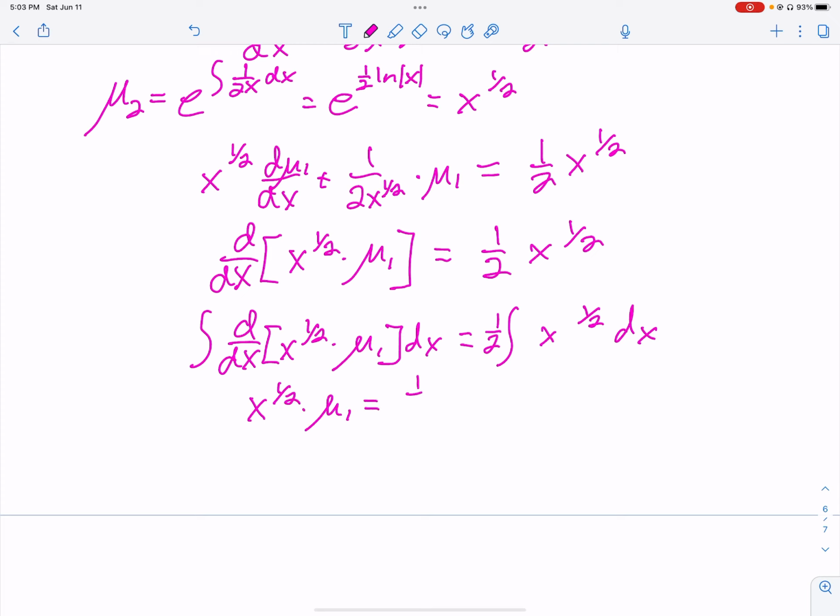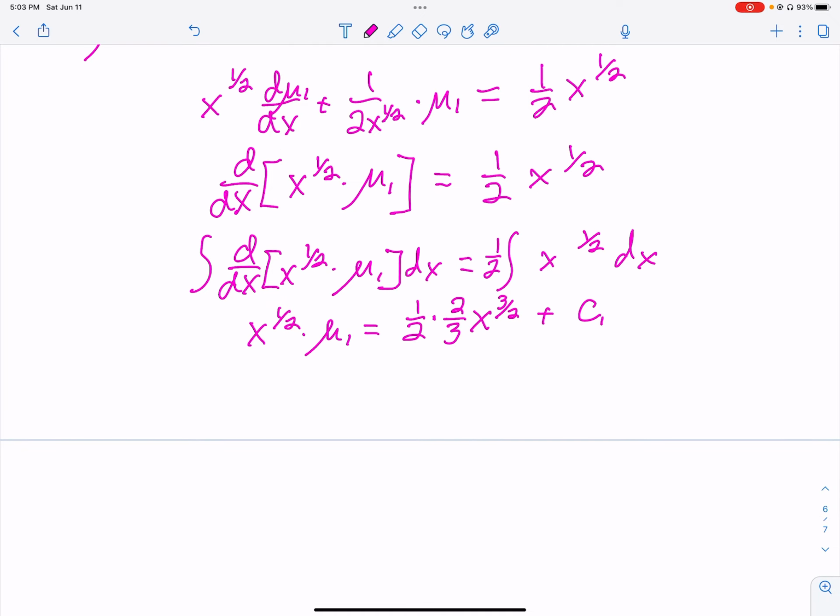And then we get a 1/2 times, okay, we get x to the 3/2 times 2/3 plus c1, just in case we have to change it. All right, those 2's do cancel out. I also am going to replace mu1. Mu1 was y to the 1/2 equals, okay, this is a 1/3 x to the 3/2 plus c1.